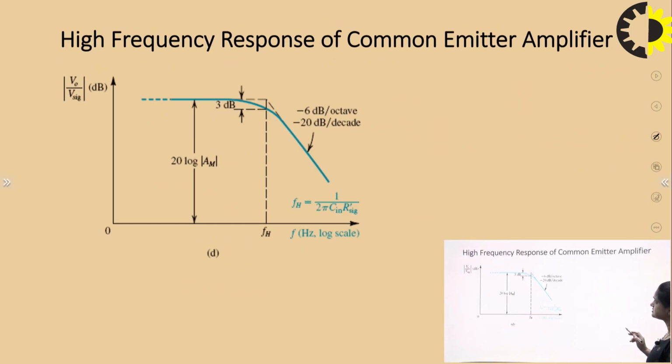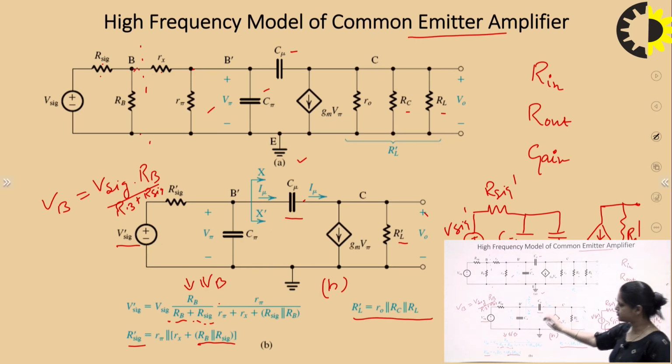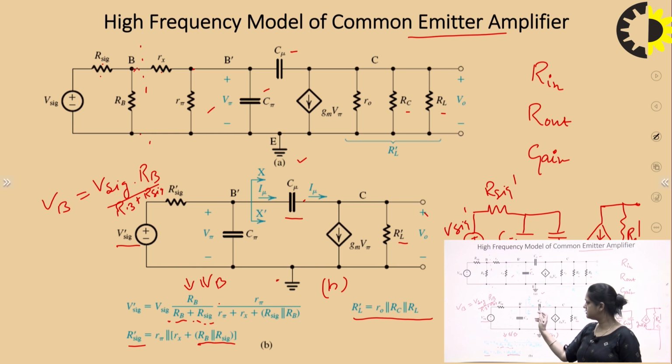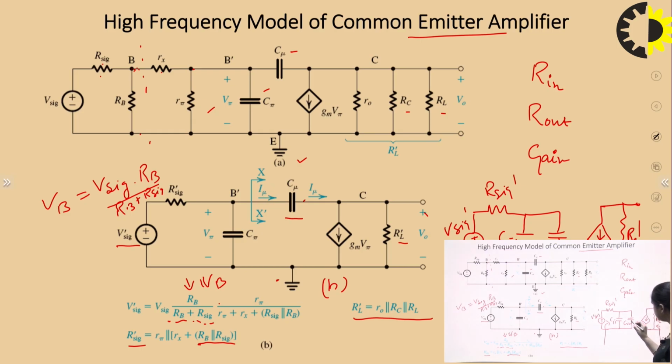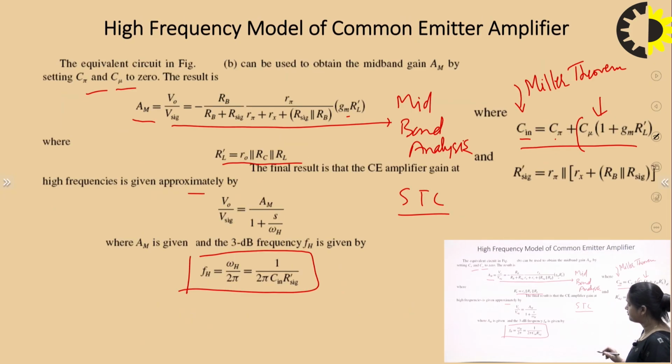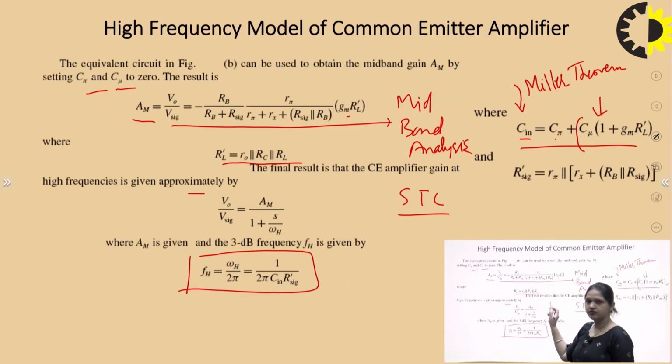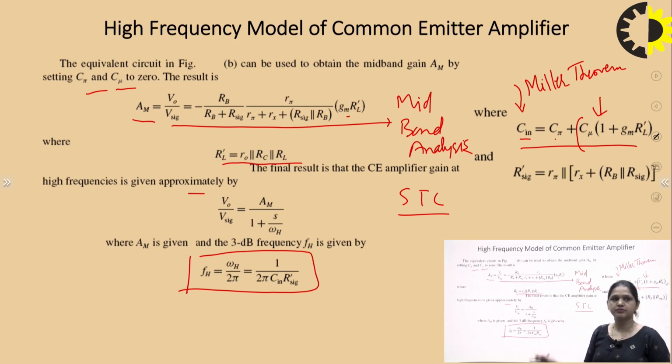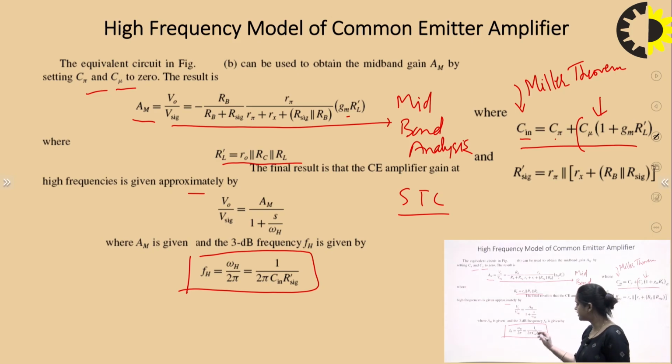For this expression, the C pi and C mu combination is replaced by, don't write it C in, write it C in dash, and C in is equal to C pi plus C in dash, where C in dash is calculated using Miller's theorem, and this is the total C in. So if we derive the formula of gain from the previous pi model, then fH equals 1 upon 2 pi C in into R signal dash.